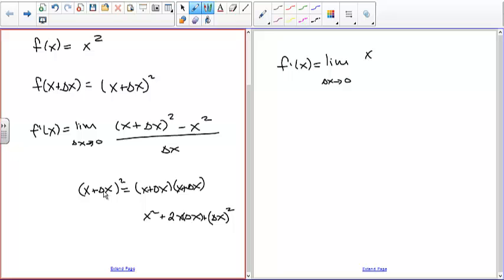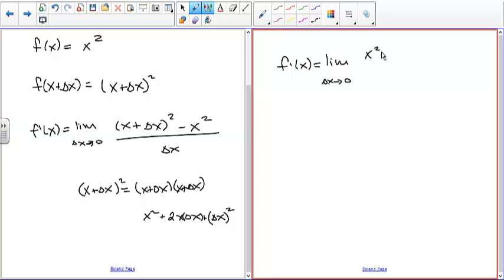It's not delta times x, the delta just represents a small change of x. Okay, so once you've multiplied that out, you can plug in. So you get x squared plus 2x times delta x plus delta x squared. So that's f of x plus delta x, and you subtract f of x.